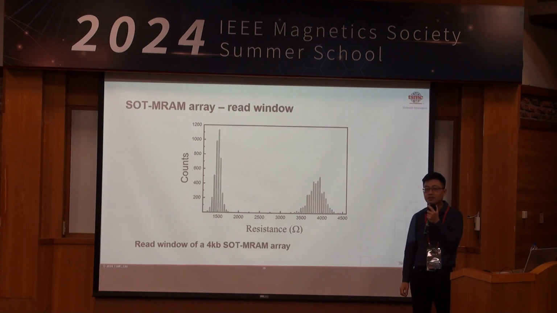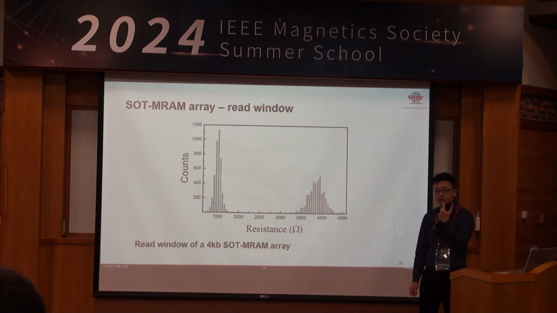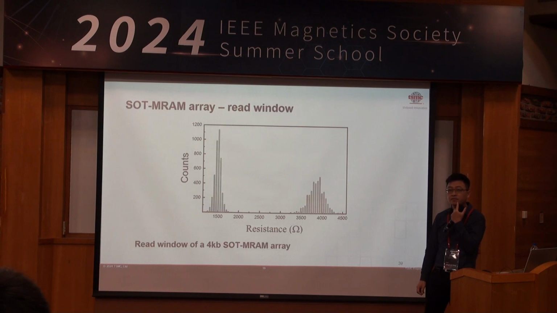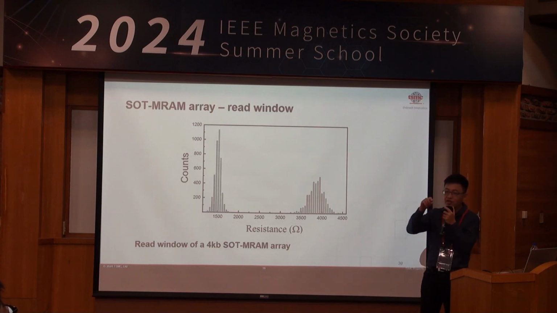Could you comment on what order of roughness or transparency you are going for in the devices you presented? So far, after we fabricate a device, we don't characterize that anymore, because we can just use the device performance to decide.